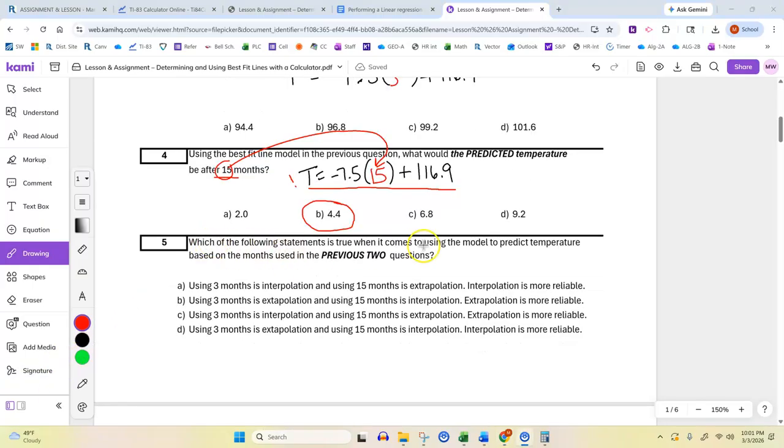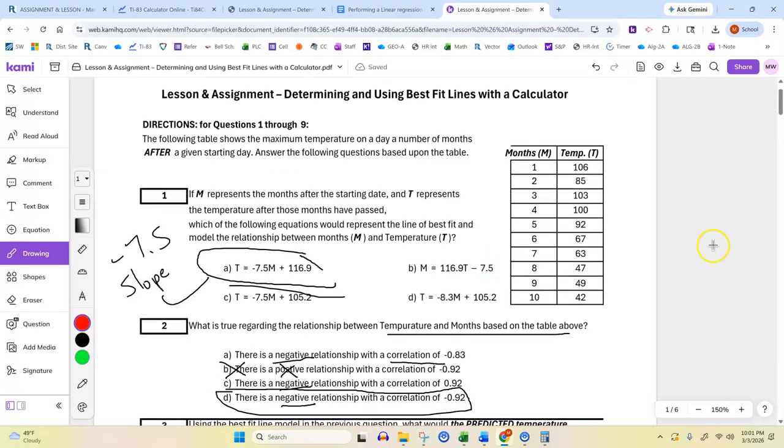Okay, question number 5. What is true when it comes to using the model to predict temperature on the previous 2 questions? Well, basically it comes down to, are we using interpolation or extrapolation, and which one is more reliable? Just a quick summary. We did this earlier in the trimester, but basically interpolation is when you're making predictions based upon data that you already have.